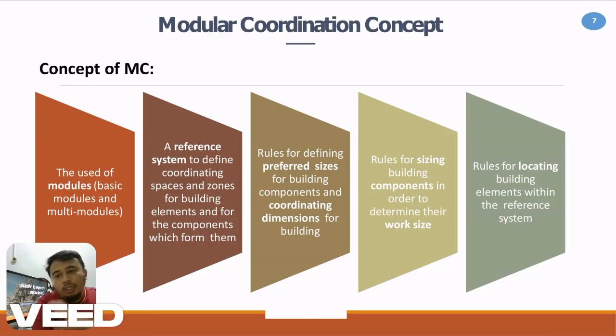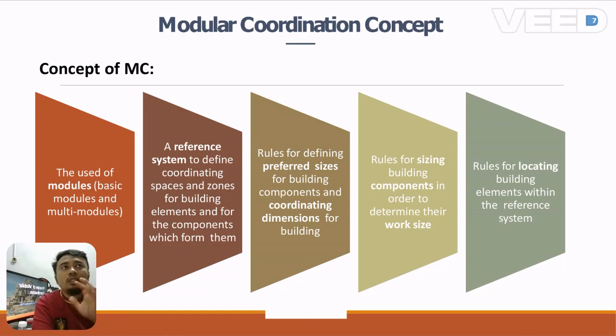There is a module, and then you need to have a reference system, and then the rules for defining preferred sizes for building components and coordinating dimensions for building. So you have components, you have building dimension, you have floor area. So the modular coordination would specify what are the preferred sizes.